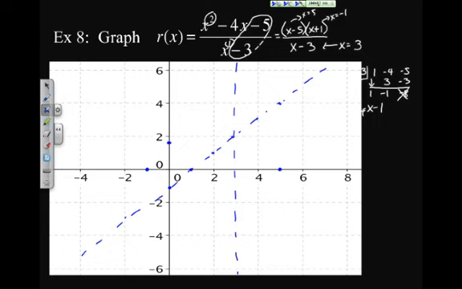Okay? Now notice we already have 2 points to the left of the vertical asymptote, but we only have 1 point to the right of it. So when we do our t-chart, we really only need 1 more point. And let's go ahead and put in something as small as we can. Let's put in a 4.